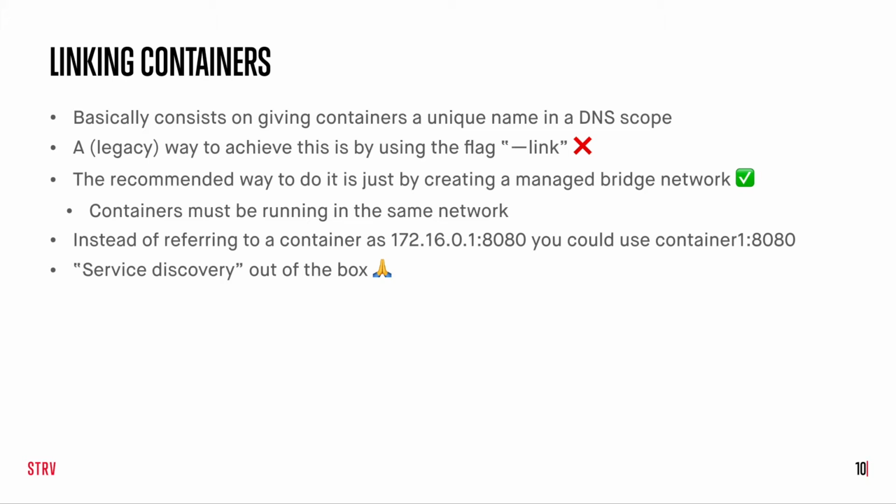For example, if the name of the container is container1, this inbuilt service discovery feature allows you to address the containers not only by IP address, but also by the name of the container or of the service. It's very useful because when you start a container, then stop it, delete it and start it again, the IP address can change. So this service discovery is very useful when you want to address a different container in the same bridge network.